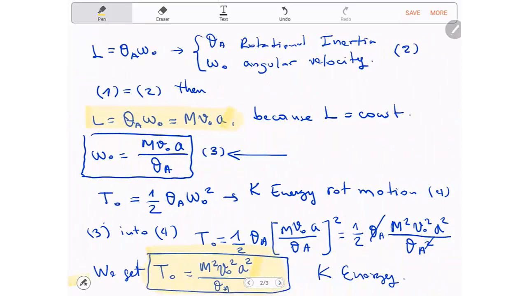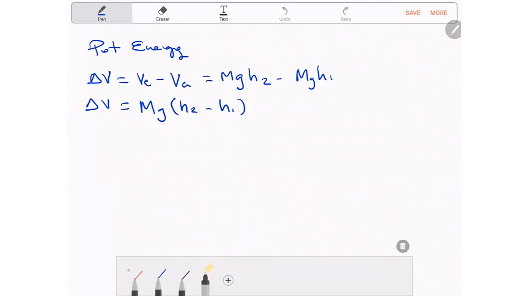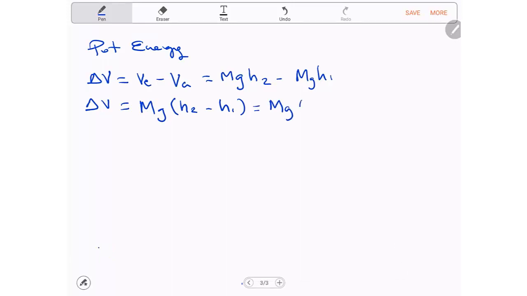So we will write it here, and we get that delta V is equal to mg A root square of 2 minus, this is h2, right?